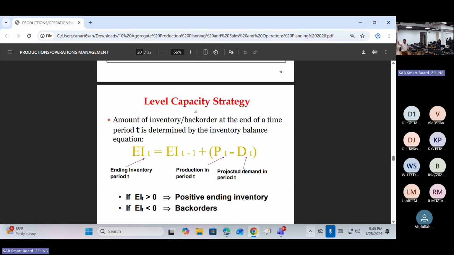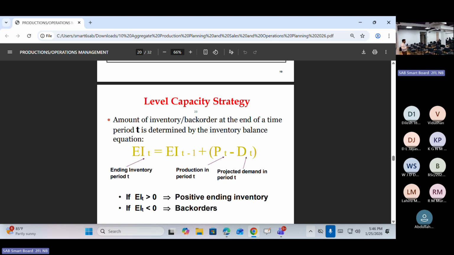When calculating the inventory, some information like this would be useful. As you see in slide number 20, to decide the ending inventory, EI, at the end of the period, you take the inventory at the beginning of the period, and then the production rate minus demand rate during that period, so that you get the ending inventory.